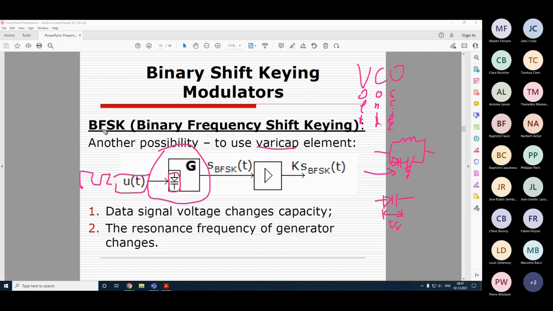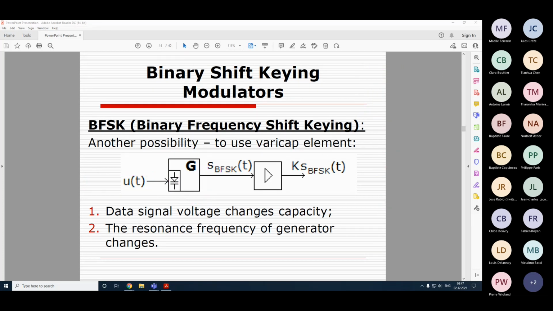So you send some voltage at the input of this VCO and it produces the output of a specific frequency. So this is a quite effective and simple way. It also is a single source of signal. We do not have multiple generators. We have a single generator with this varicap, which changes the frequency of the output signal.